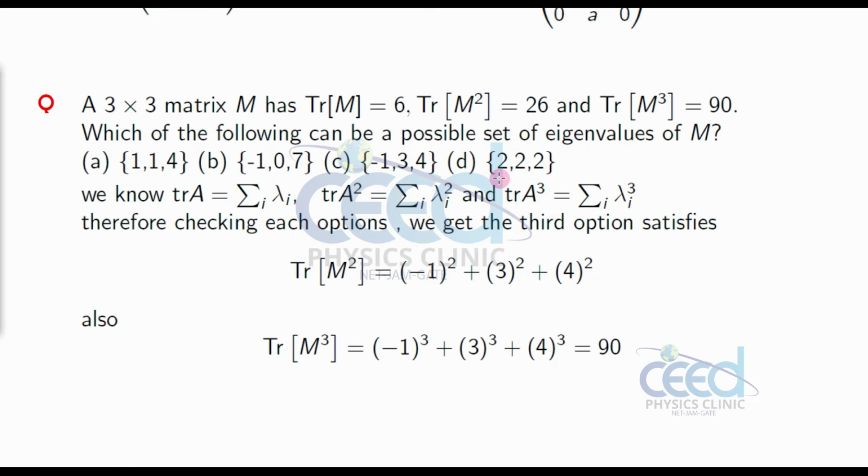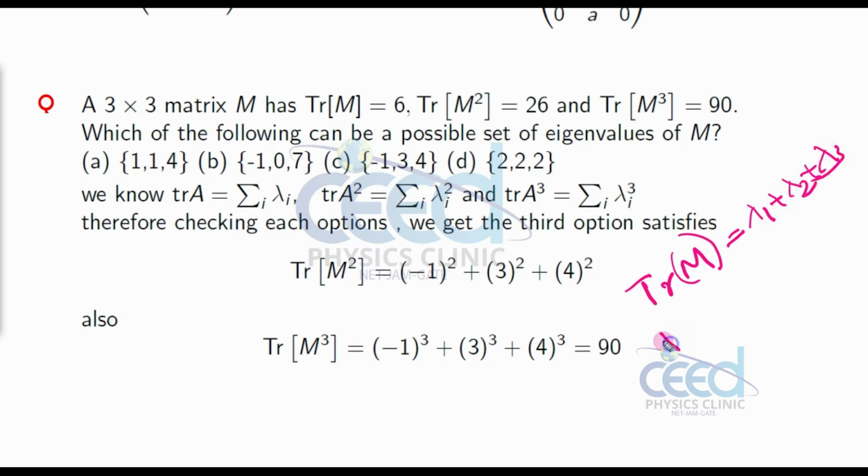When I discussed the properties of trace, we studied that trace of a matrix M is equal to the sum of its eigenvalues, that is lambda 1 plus lambda 2 plus lambda 3.